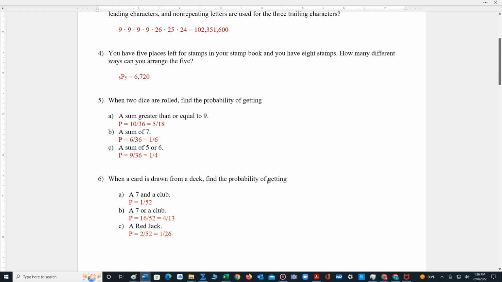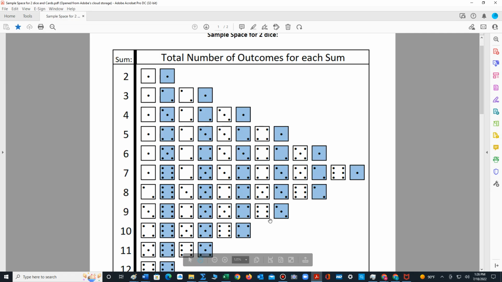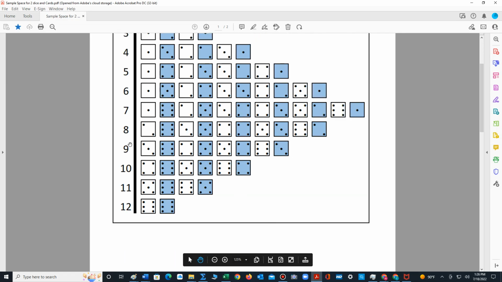Number 5 says, when 2 dice are rolled, find the probability of getting, part A, a sum that is greater than or equal to 9. So we can use the sample space to help us. A sum that's greater than or equal to 9 means 9, 10, 11, 12.